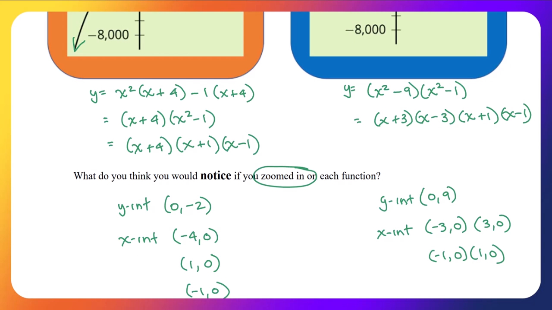Finding the y-intercept, as usual, we set x equal to 0, and we get the corresponding y-intercepts. Looking at the factored form, we get these x-intercepts. So there's more to the graph than what we see above.